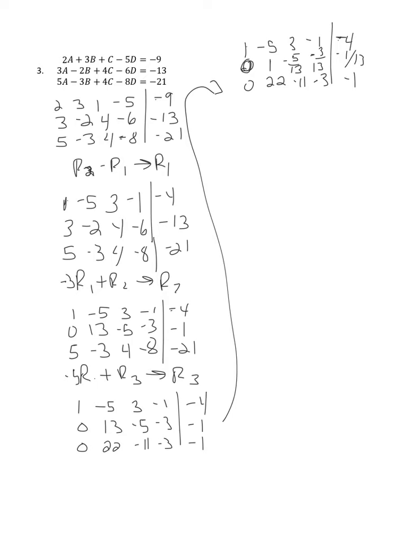Okay, now I would like this spot right here to be 0. So how about we take -22 times row 2 and add row 3. Put that in row 3. Okay, so the row 3 is changing, so row 1 is still the same.